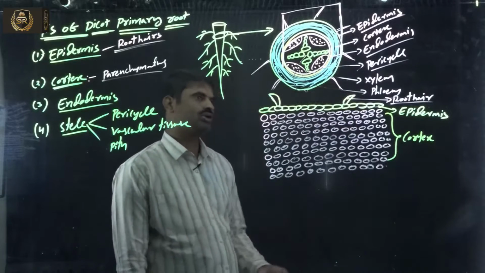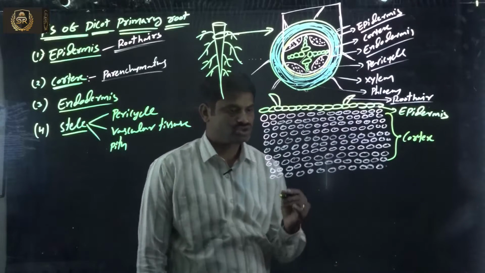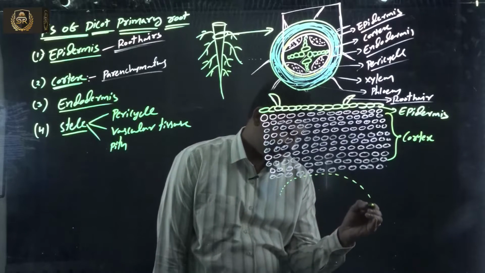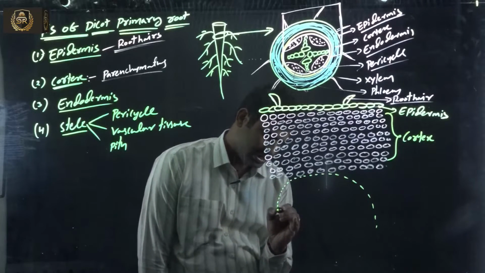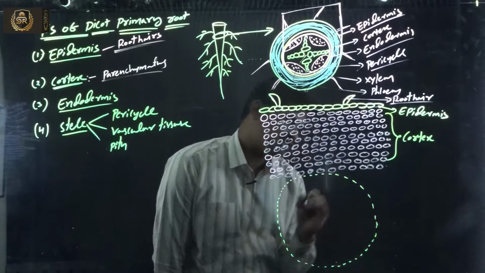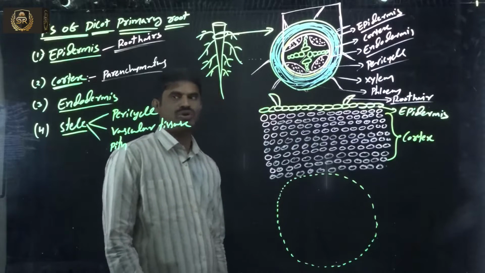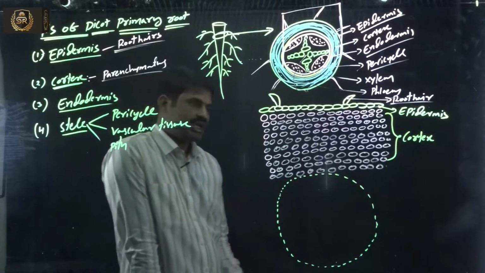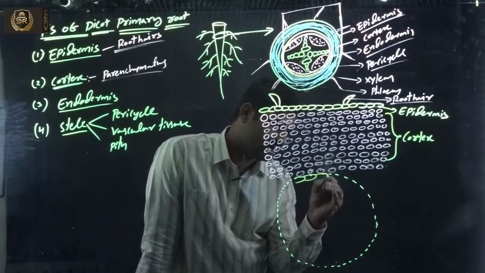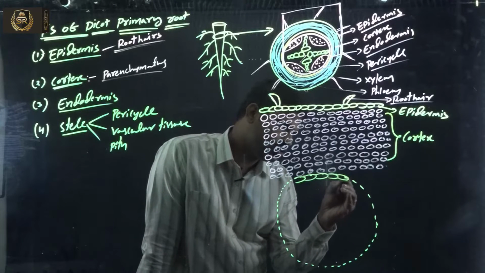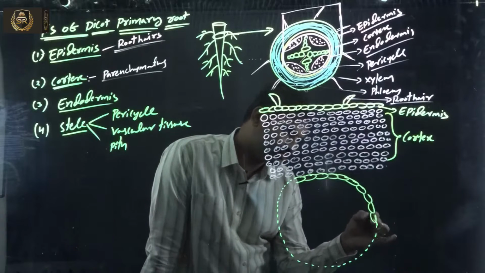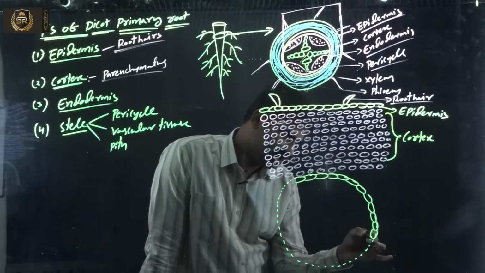The innermost part of the cortex is called the endodermis part. Endodermis is made up of a multicellular uniseriated structure. It is a single layer structure.